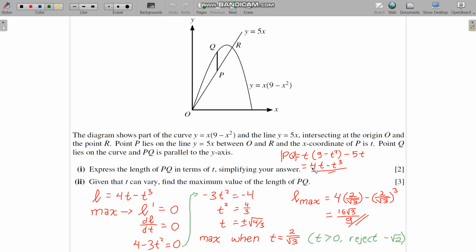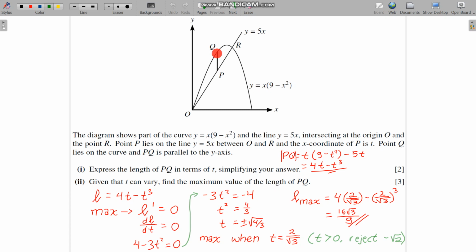So when the time is t, the y equals 5x and the x coordinate of P is t. So the P here is when the time is t. The Q is also when the time is t, or when the x is t. So we simply replace the x with t.